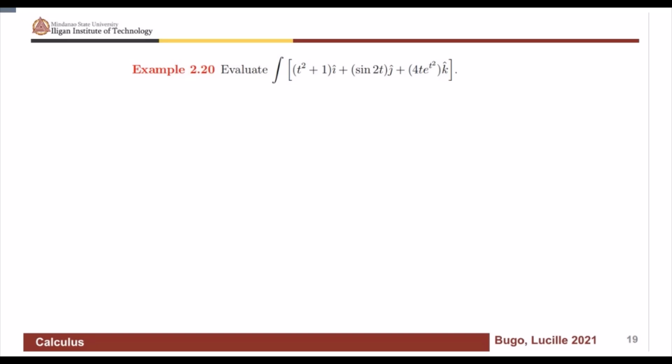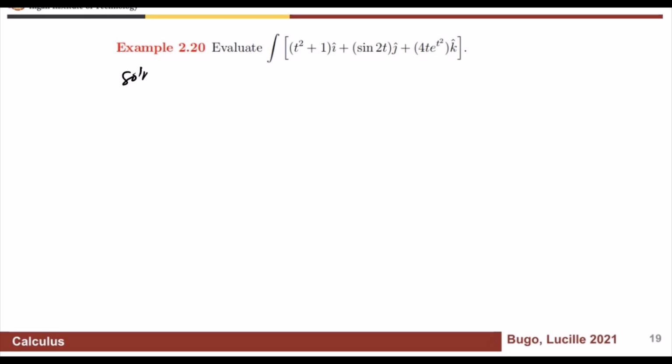So for example, evaluate the integral of t squared plus 1 i hat plus sine 2t j hat plus 4t e to the t squared k hat.